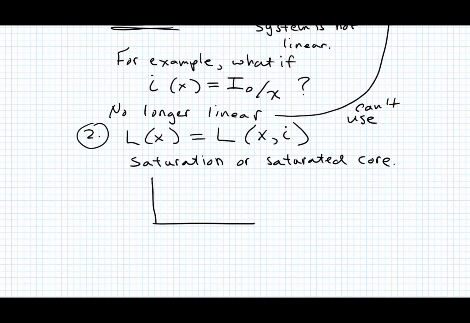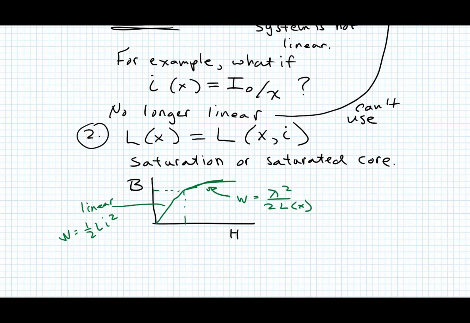In which case, remember you have your B and you've got your H, with a core. Let's do our BH curve. Here's the linear region. So everything in this region, we could use 1/2 Li squared. But once we get into this region here, we would have to use the general expression to find our energy.